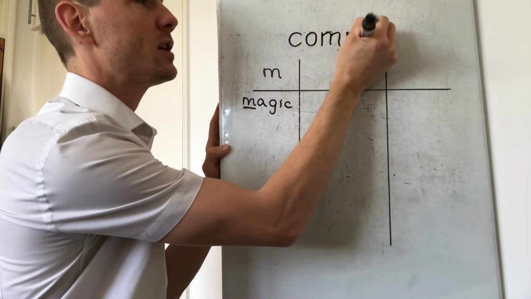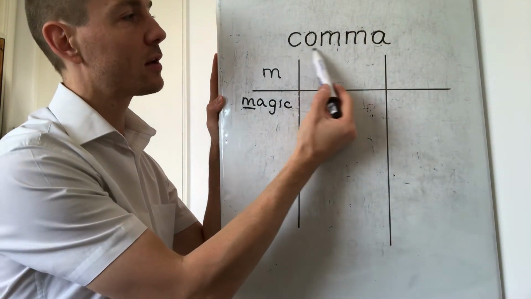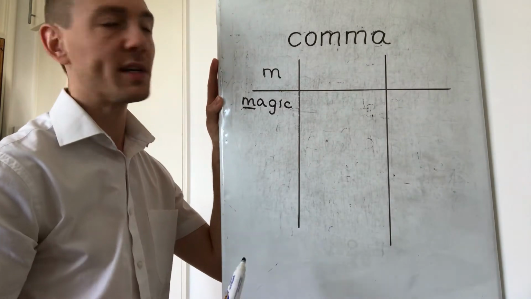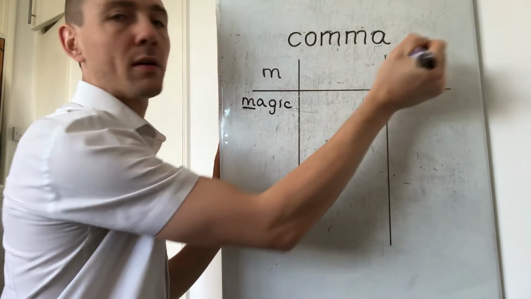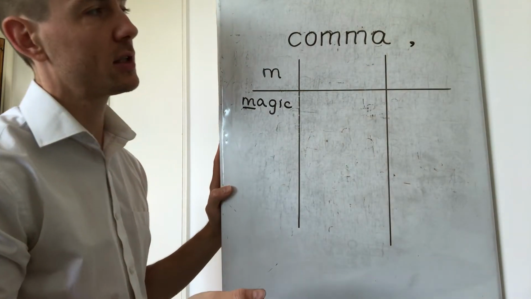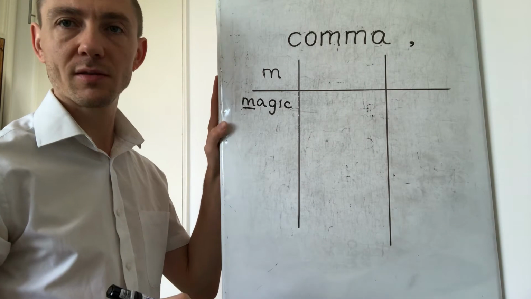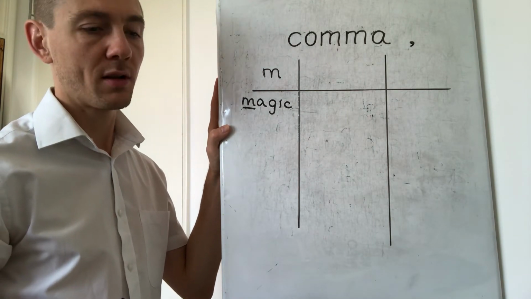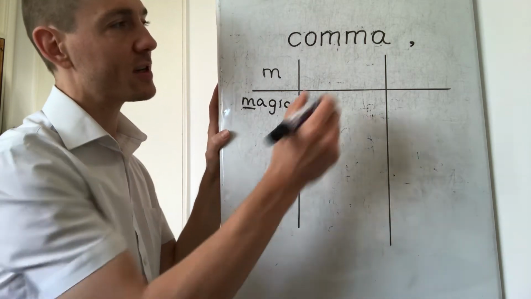Okay, the word is 1, 2, 3. The word is comma, like this in your writing. A comma. So pause and build that word in using the sounds. Okay, back together. Now we can see in that word we've got a different spelling.